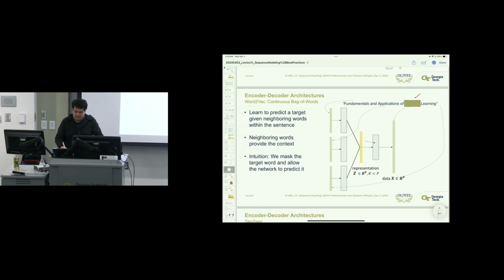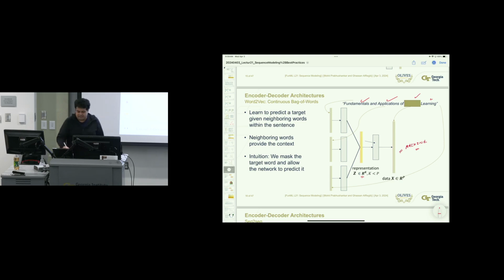Given this phrase, fundamentals and applications of, let's say, dash learning, we are constructing a representation space that combines fundamentals, applications, and learning, which are the three words, and we are trying to get the output to be machine. Essentially, we are feeding in a certain amount of context, and based on that context, we are learning the target word in this particular case.